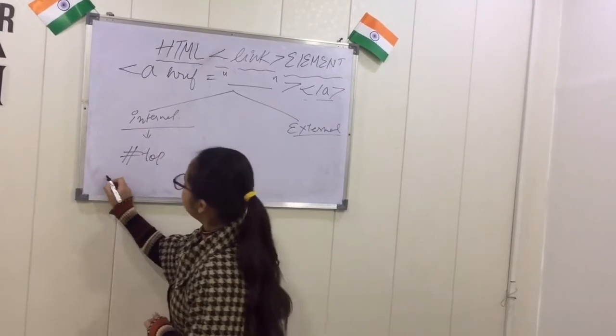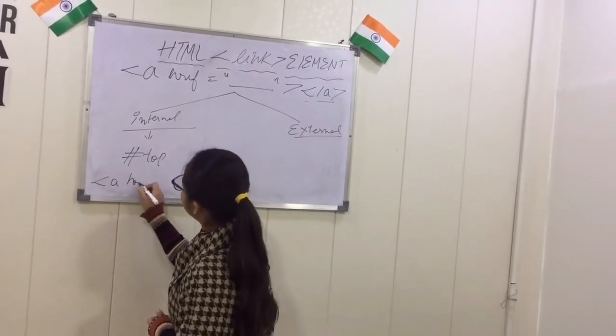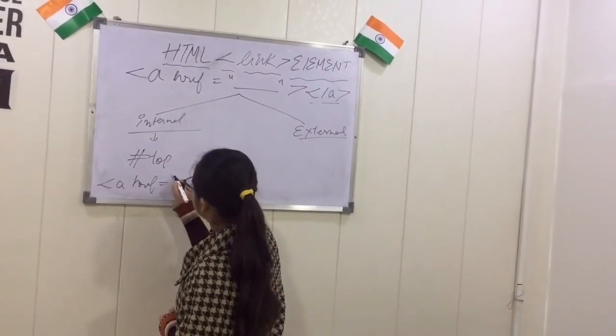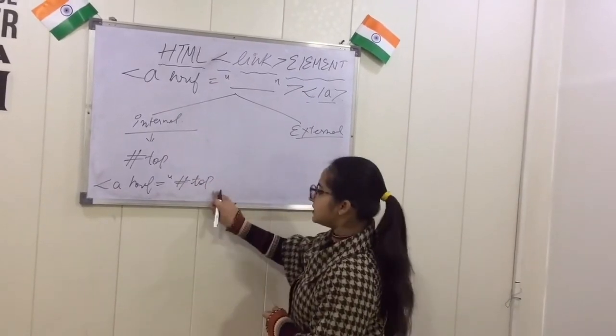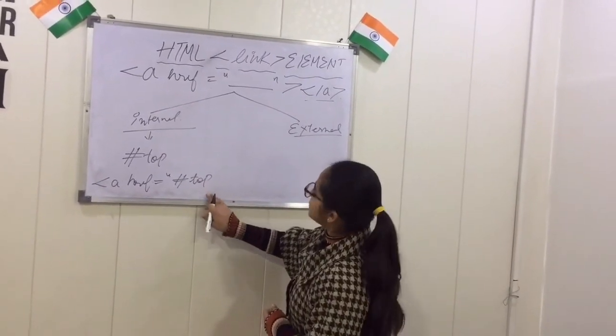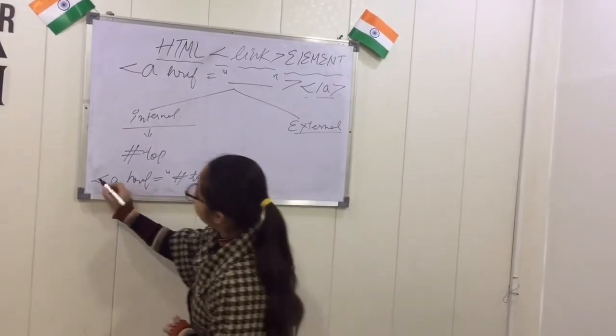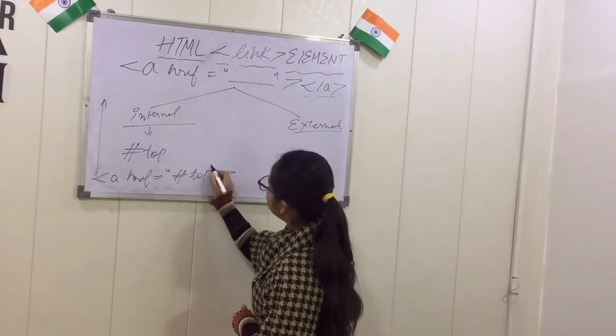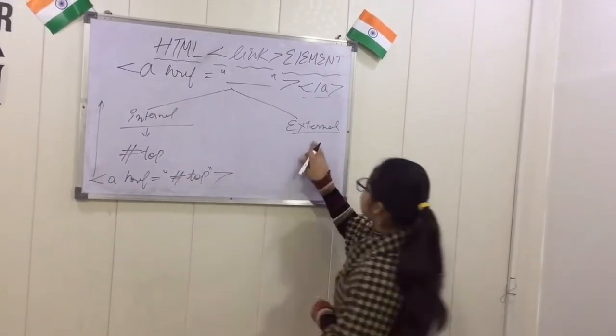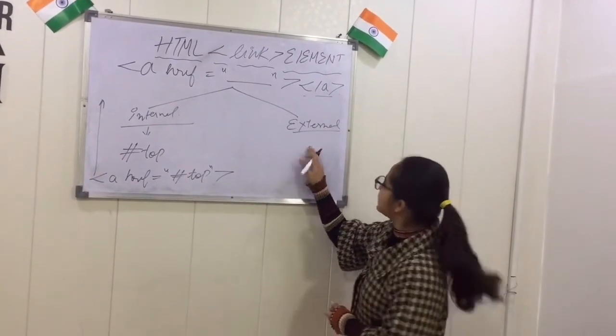For example, we can write the syntax href is equal to hash top. This is the reference ID, so that our HTML link will understand you have to go from this to top. Then tag close.